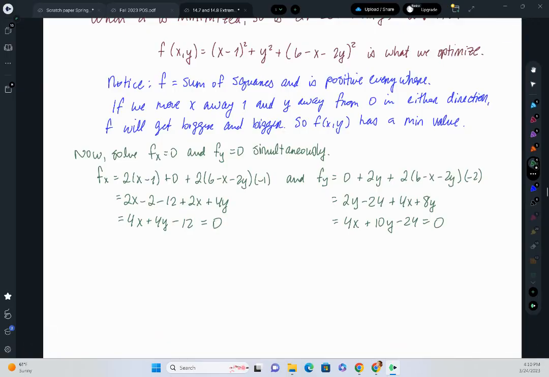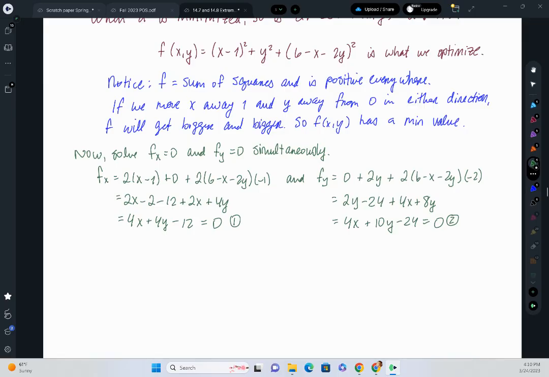Okay? So we have a system of equations to solve. We have 1 and 2. They're linear systems, so we can use substitution or elimination. This one may be a little easier to use elimination.